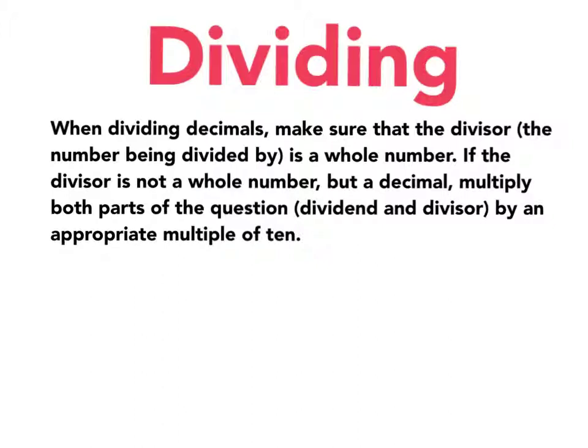In order to get it into a whole number, most of the time we just have to multiply it by an appropriate multiple of 10. So it might be 100, it might be 1,000, depending on how many decimal places we have. Again, we're going to have a look at a few examples, but this multiplication and division is exactly the same as you have been doing since primary school, just with a few tips and tricks with decimals.